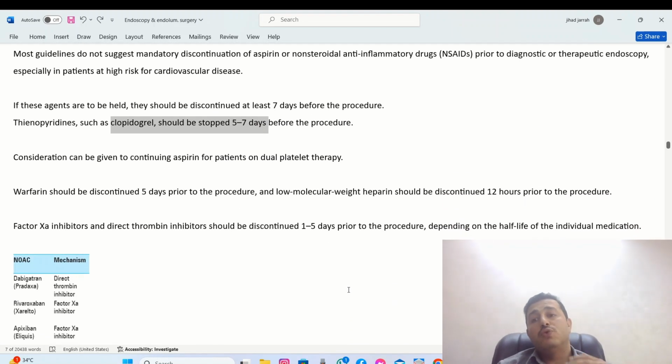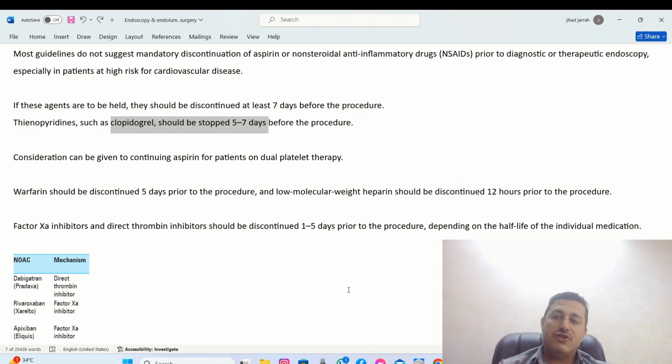Warfarin should be stopped 5 days before, and we should start low molecular weight heparin 5 days before the procedure, until 12 days before the procedure when we stop it.